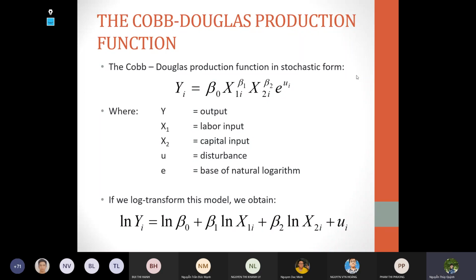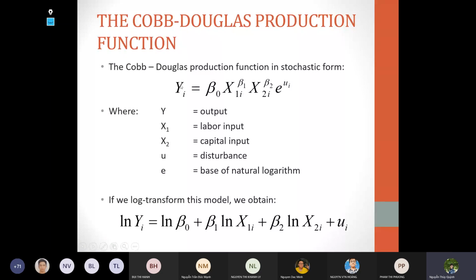In microeconomics, you are used to the Cobb-Douglas production function, where the output or production is an exponential function of the inputs, like labor or capital. This is the form of the Cobb-Douglas production function.